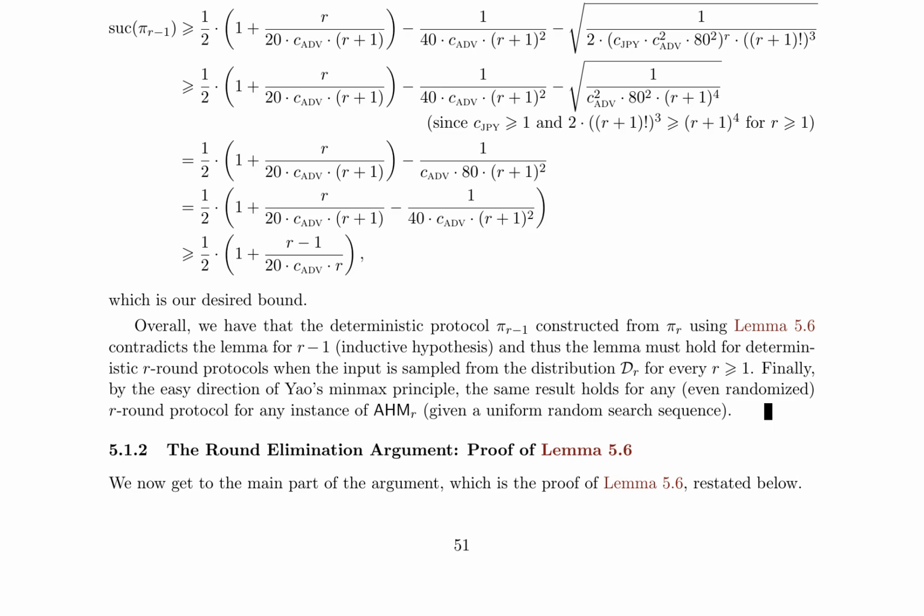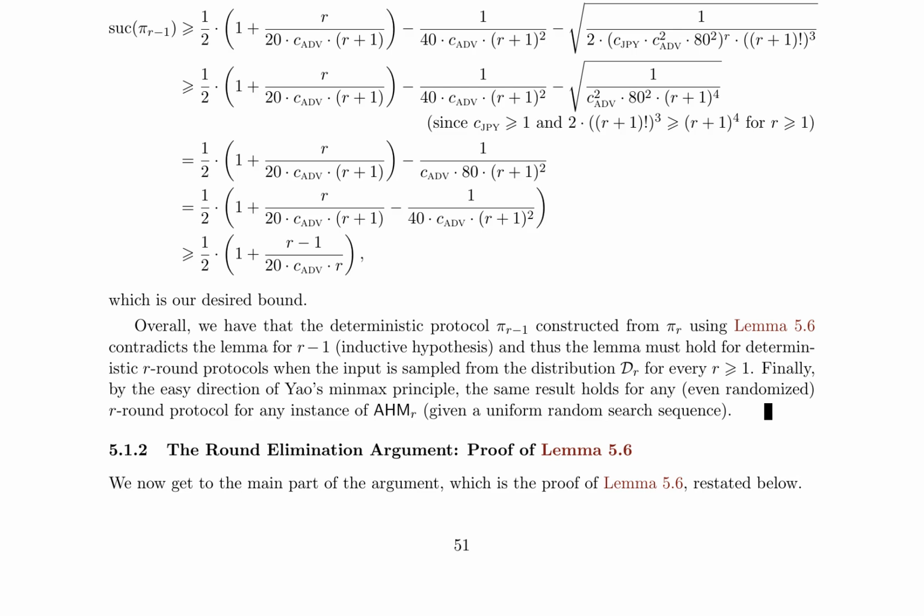This bound is used to show that the deterministic protocol pi_{R-1} contradicts the lemma for R-1, thus proving the lemma for deterministic R-round protocols when the input is sampled from the distribution D for every R greater than or equal to 1. The round elimination argument consists of 3 steps: input embedding, message compression, and guessing the first message.